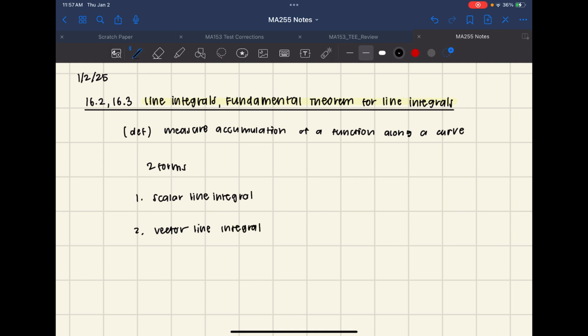A scalar line integral integrates a scalar function, f(x,y), over a curve. A vector line integral involves a vector field and calculates quantities along that.